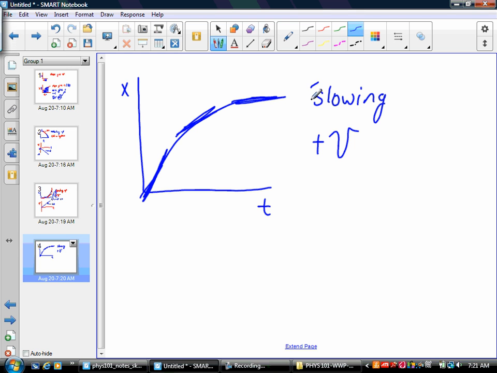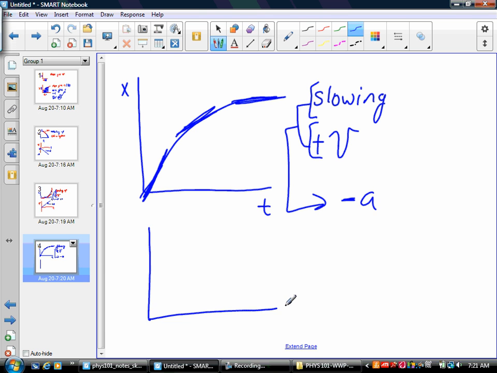And so if I were to look at these, would it have a positive or negative acceleration? Well, it's going, say, up, and it's slowing down. All right, so the acceleration is going to be opposite the velocity, so it's going to be a negative acceleration. And if I plot the v versus t, I'll see that initially it has a big velocity, and that velocity slowly goes to 0.